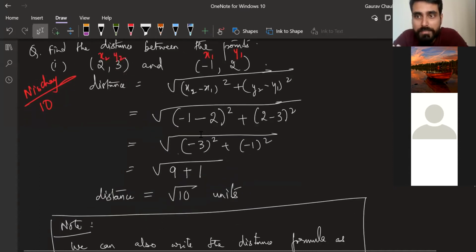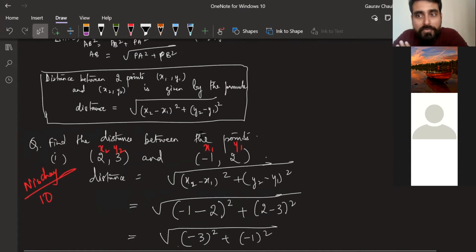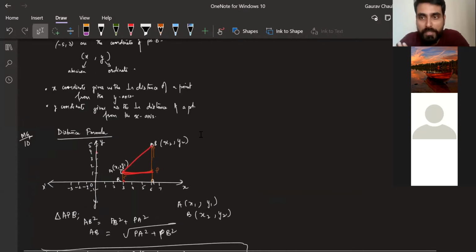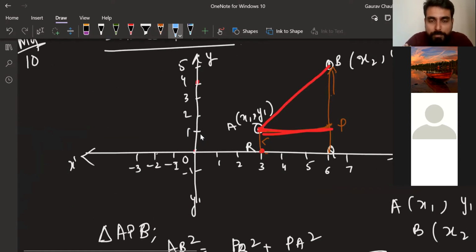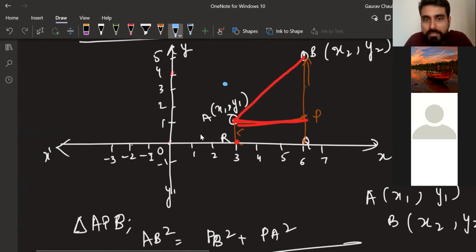The next thing here is how to find the distance of a point from the origin. Think about any point here. How to find the distance of this point from the origin?